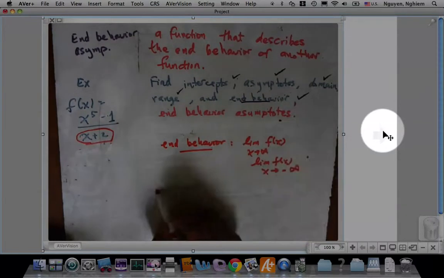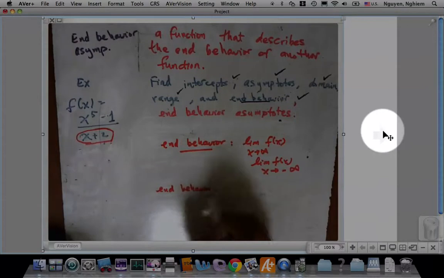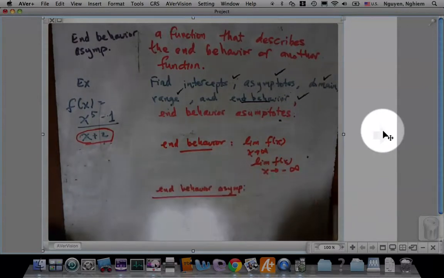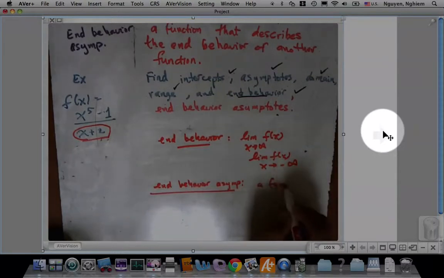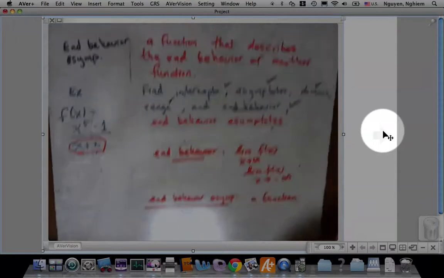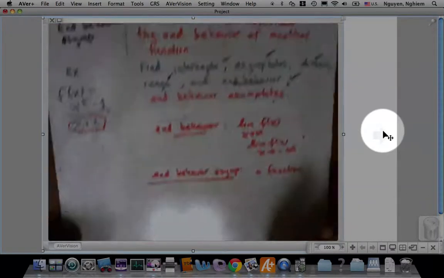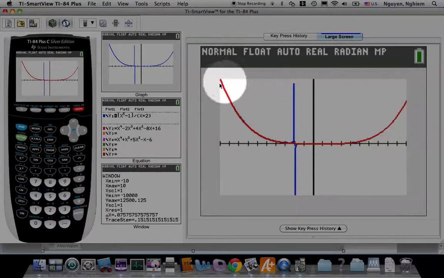Okay. End behavior asymptotes is a function. So it's a function that describes the end behavior of another function. In other words, if you look at the graph one more time, the red function, the end behavior asymptote, describes the end behavior of the blue function, the original graph that we were showing there.